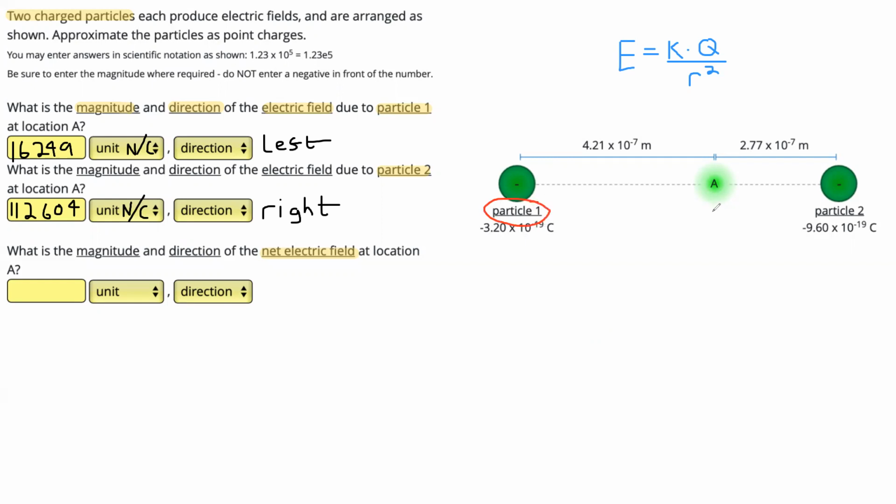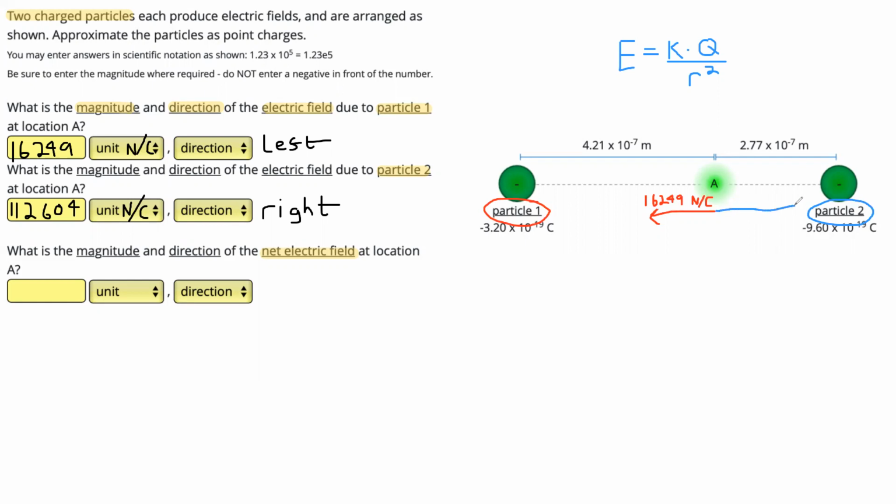I'm just going to draw on an arrow to show that was to the left, and it was 16,249 newtons per coulomb to the left. And we also had an electric field strength due to particle 2, which is going to the right, and it's quite a bit bigger.